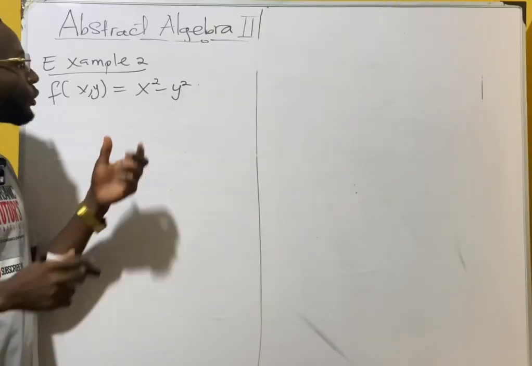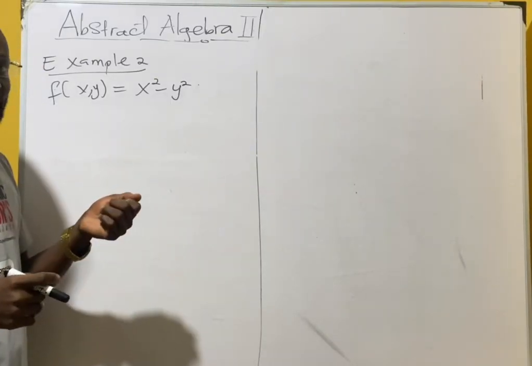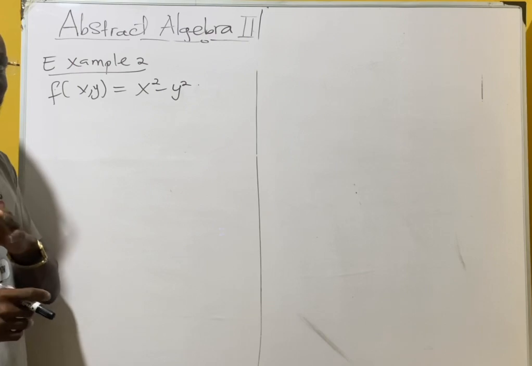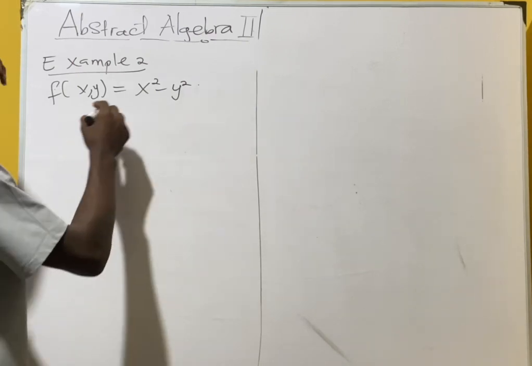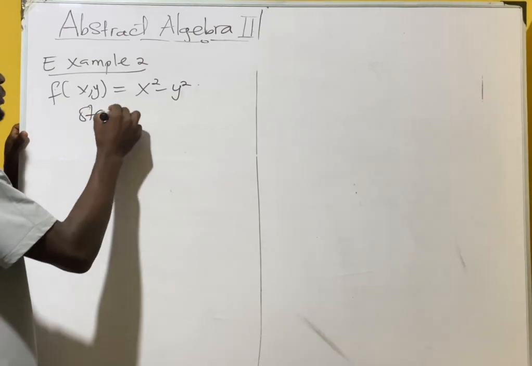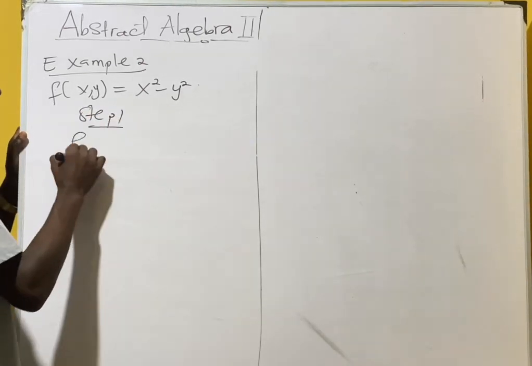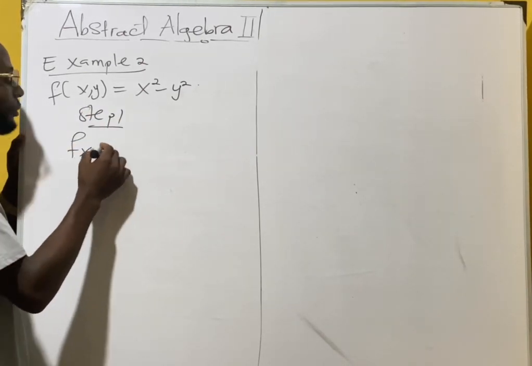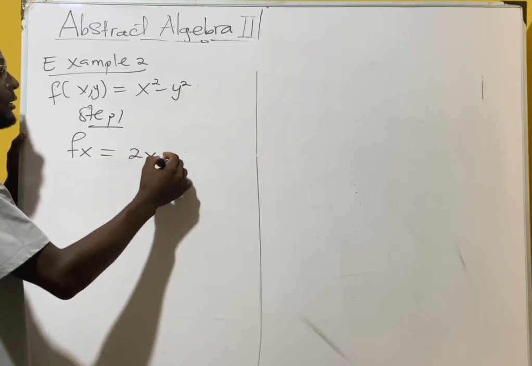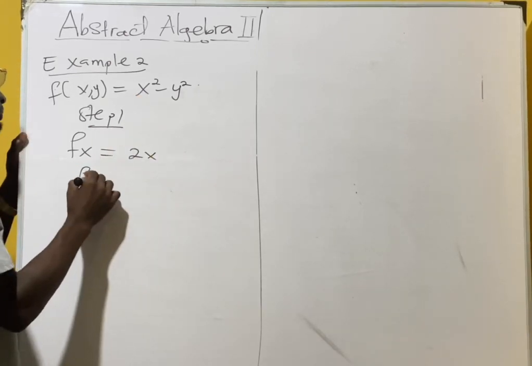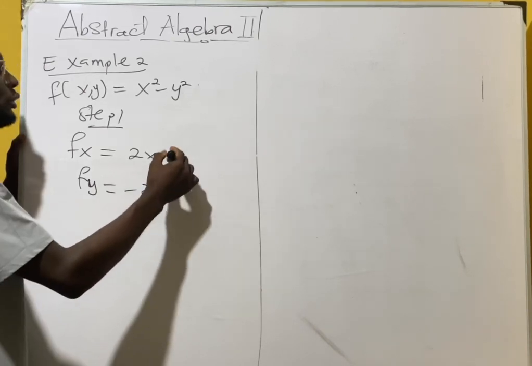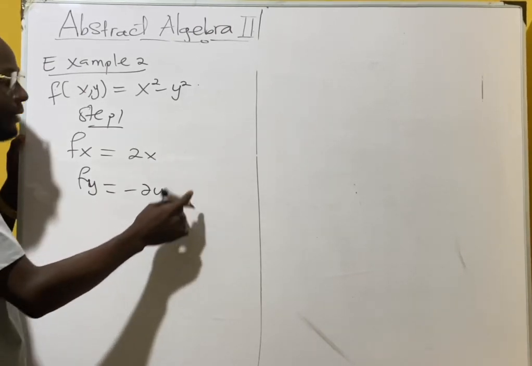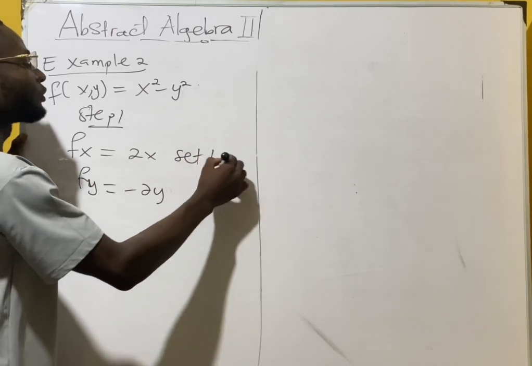Question number 2, we also need the critical point and want to determine whether it's a local minimum, maximum, or saddle point. So step 1, with the critical point, we find the partial with respect to x, and that will be 2x. The partial with respect to y will be minus 2y. If you want to know the critical point, set both to 0.